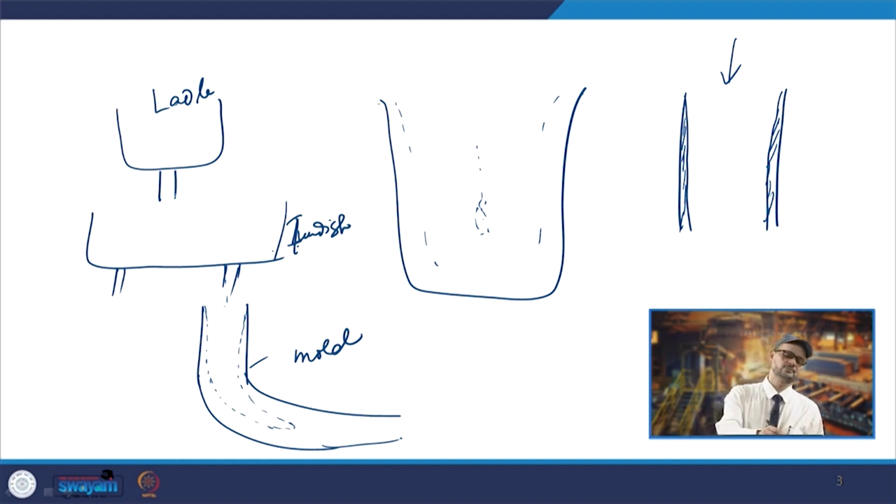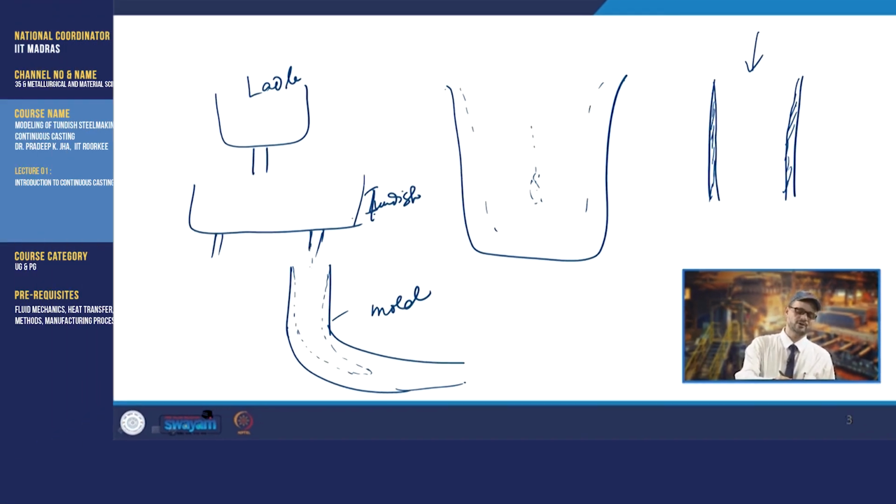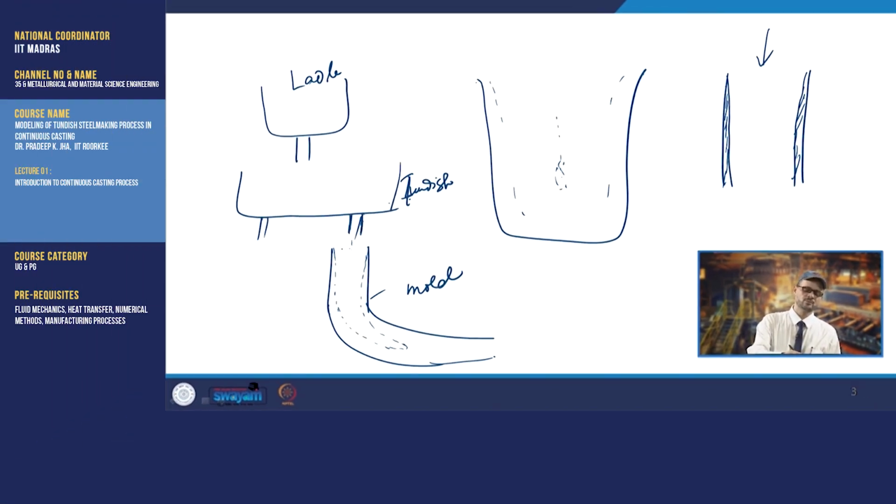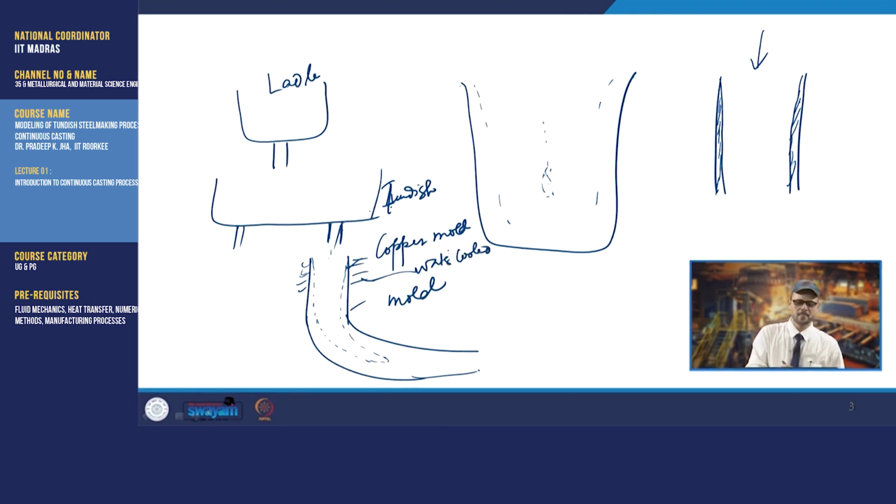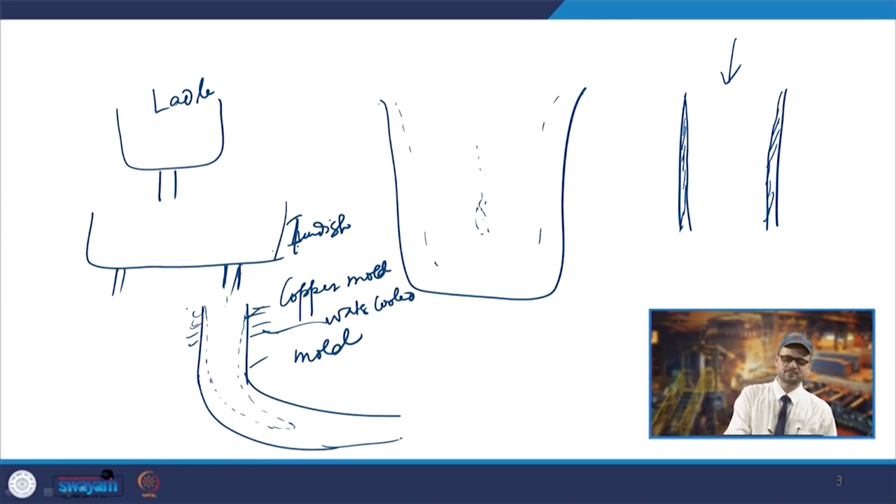The tundish will take the liquid metal from the ladle, and at all its outlet ports a mold is attached. This mold is a copper mold in most cases, and it is water cooled.